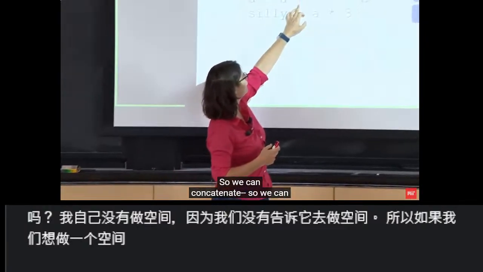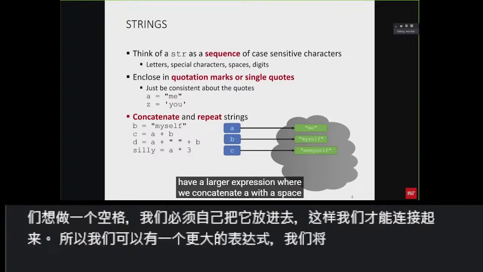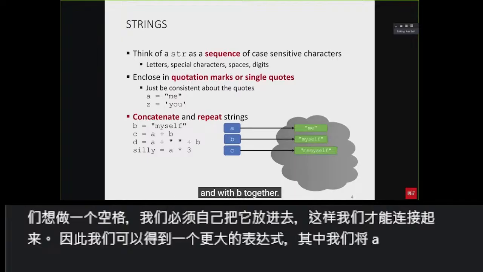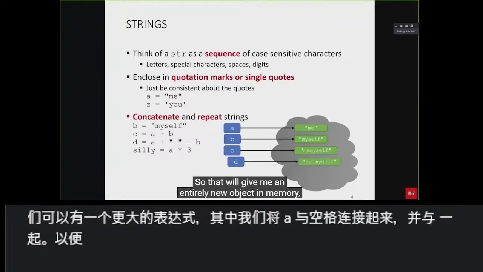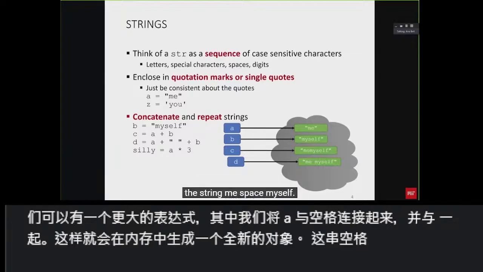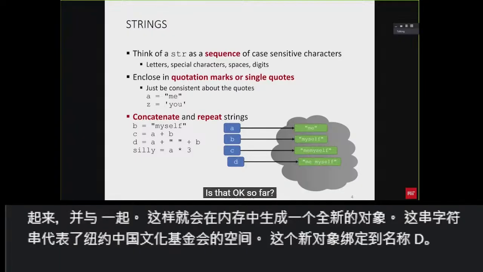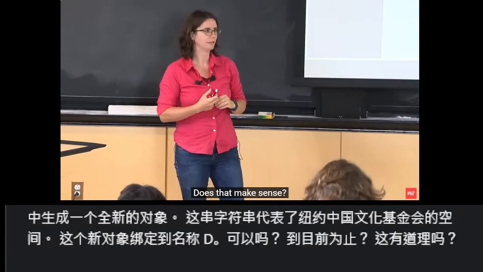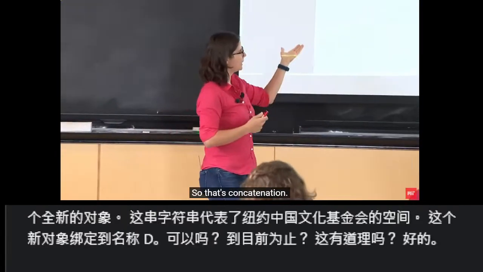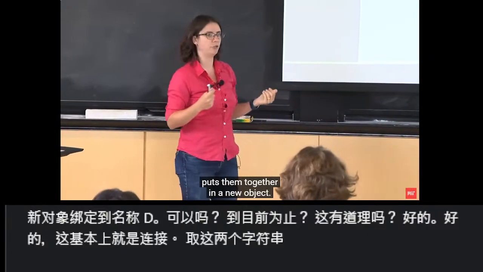So we can concatenate, so we can have a larger expression where we concatenate a with a space and with b together. So that will give me an entirely new object in memory, the string me space myself. This new object is bound to the name d. Is that okay so far? Does that make sense? Okay. All right, so that's concatenation. Basically takes these two string characters, puts them together in a new object.